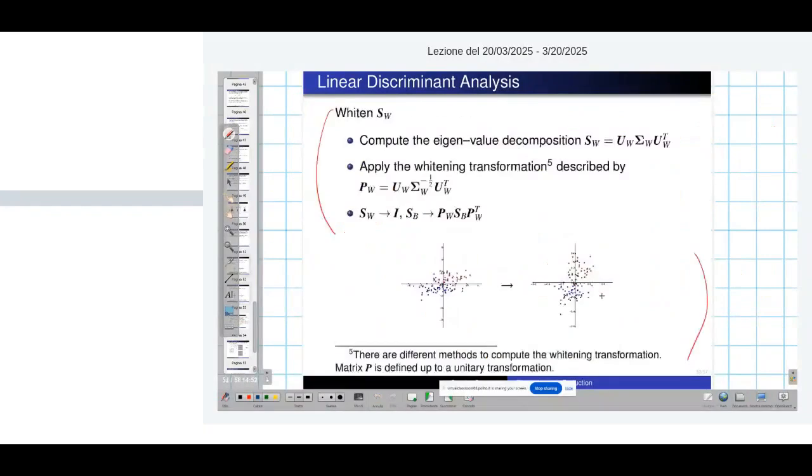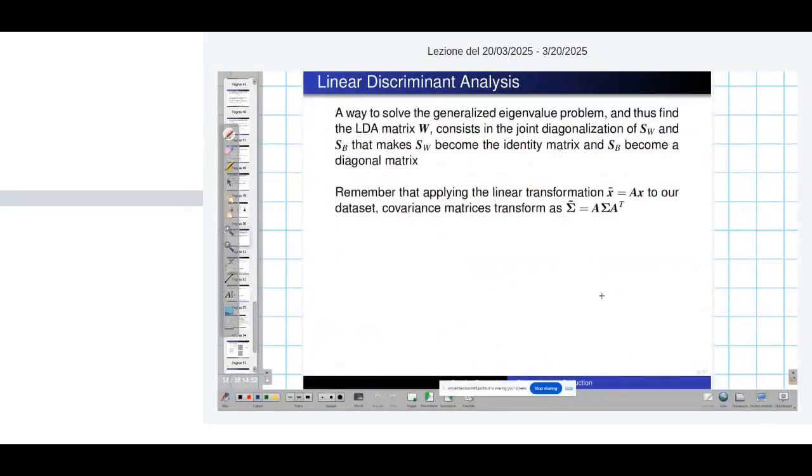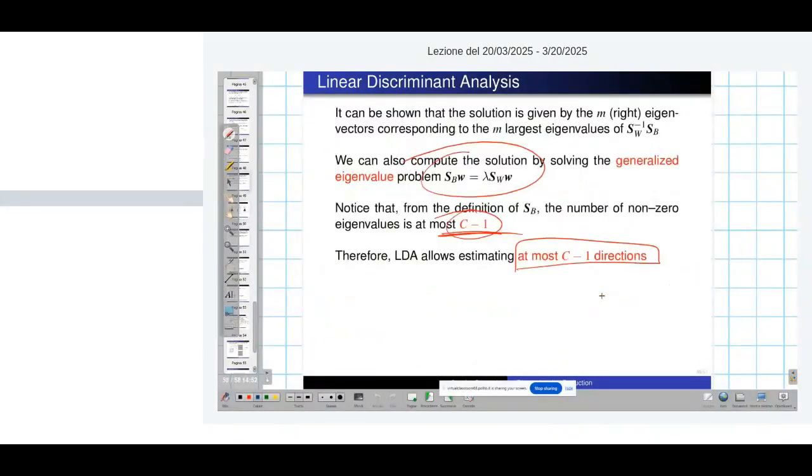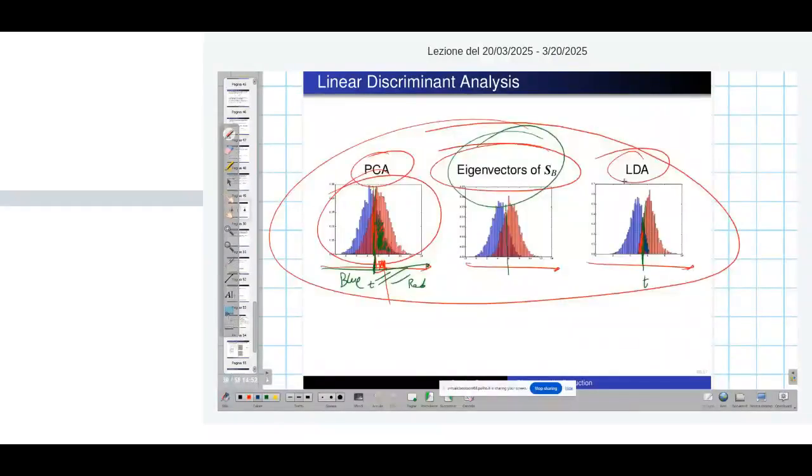Actually, in that case, the problem is that our eigenvalue problem, we cannot solve it directly, because the eigenvalue would tend to infinity. From the point of view of our objective function, having a large eigenvalue is a good thing. So those directions are directions we may want to keep.